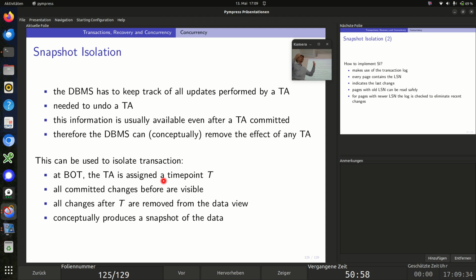I make a photo beforehand, I make a photo afterwards, and afterwards I compare whether anything has changed in between during my transaction. If it's not the case, I can commit. And that's why it's called snapshot isolation.